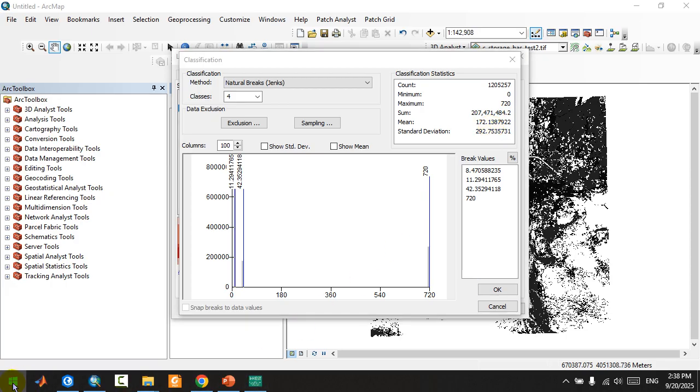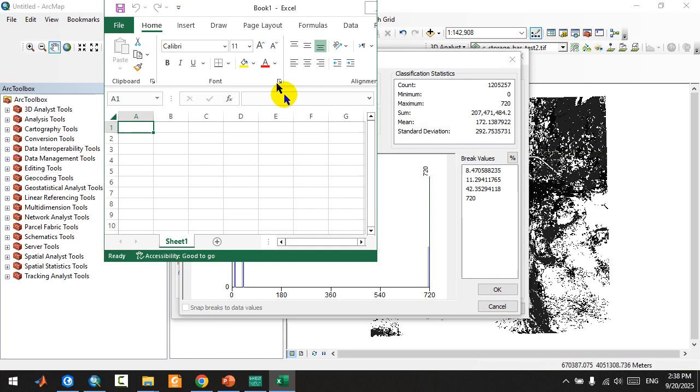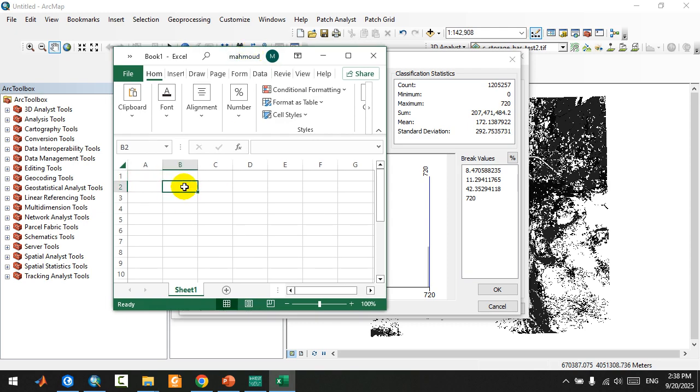Okay, in Excel, the 2001 year is 207 million carbon storage.